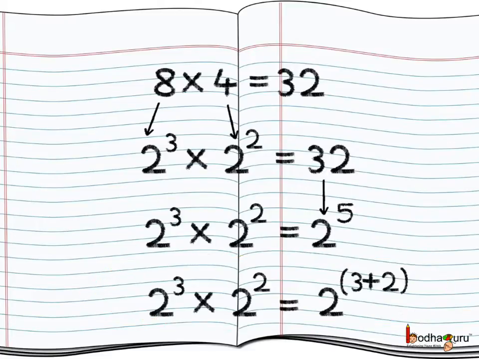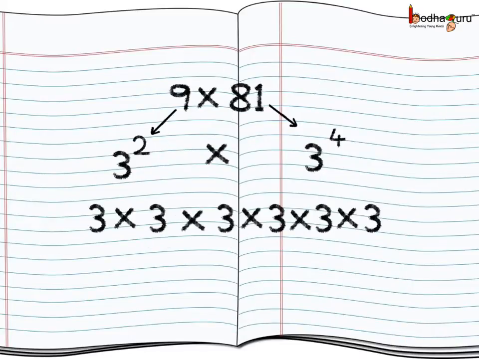Clear? Now let us take another example, 9 multiplied by 81. Let's convert this into the power notation. 9 is 3 squared, meaning 3 multiplied by 3. And 81 is 3 to the 4th power, that is 3 multiplied by 3 multiplied by 3 multiplied by 3.